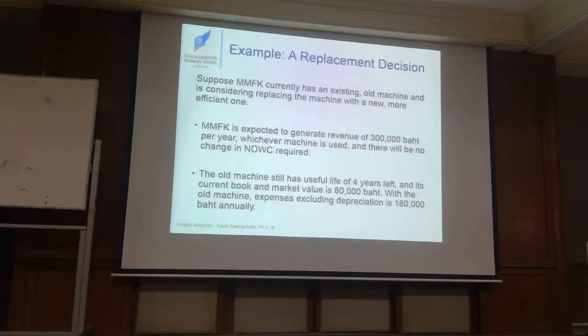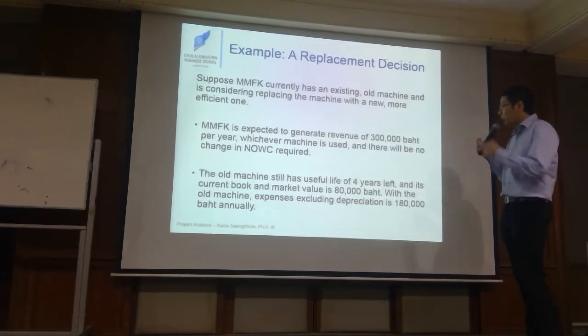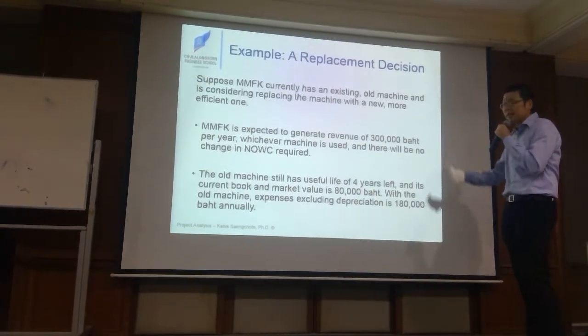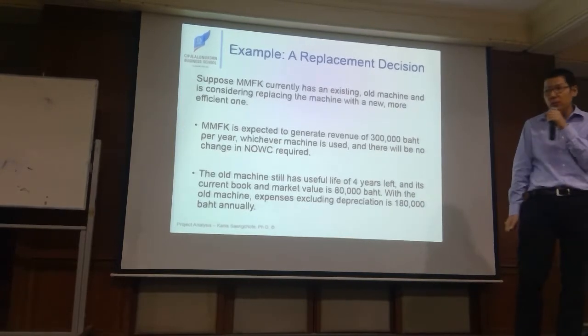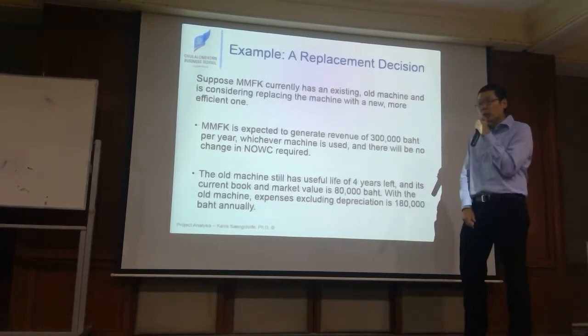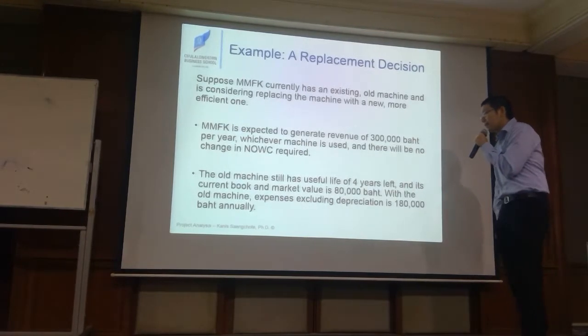So let's see some information first. We have an old machine right now, and the revenue that we're going to get from selling whatever we're producing is going to be 300,000 per year. For simplicity, in this case, we're going to ignore the net working capital. There might be net working capital involved, we just ignore it to keep the moving parts as few as possible. The current machine that we have has a useful life of 4 years left.